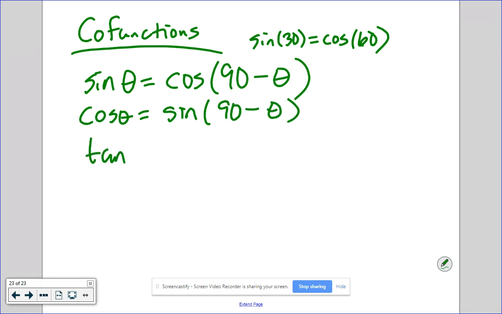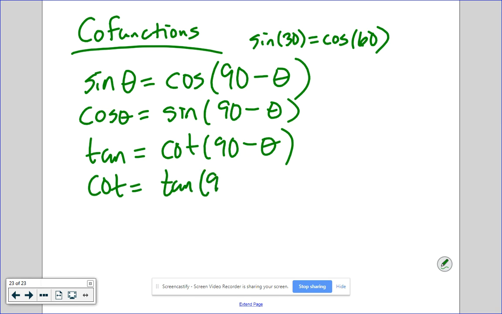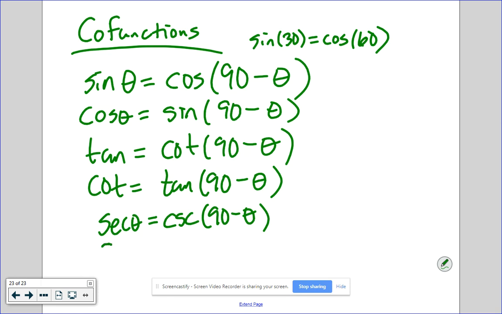Tangent is cotan of 90 minus theta. Cotan is tan of 90 minus theta. Secant is cosecant of 90 minus theta. And cosecant is secant of 90 minus theta. That's it.